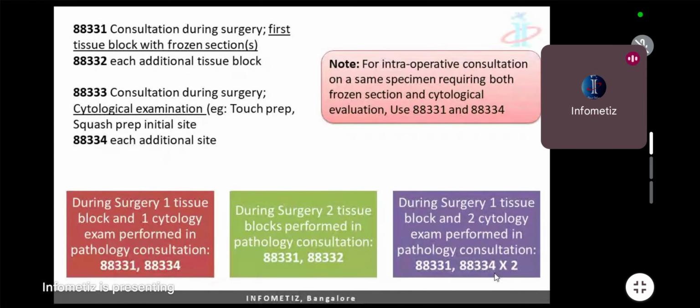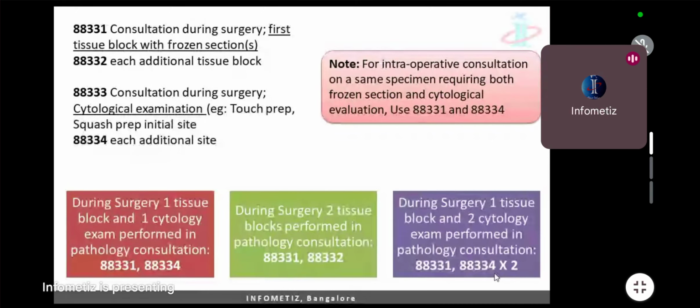So it sounds like a very easy code, right? Same concept, parent code, add-on code. We have only one challenge here, or one interesting concept: if we have one sample for which we are preparing blocks and also doing cytological exam, we cannot code 88331 and 88333 together.